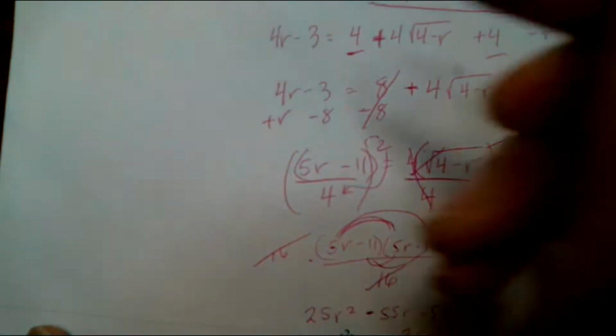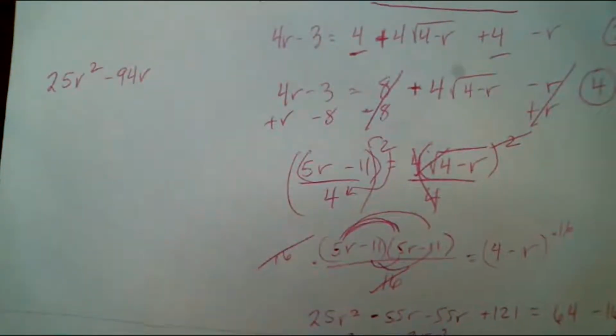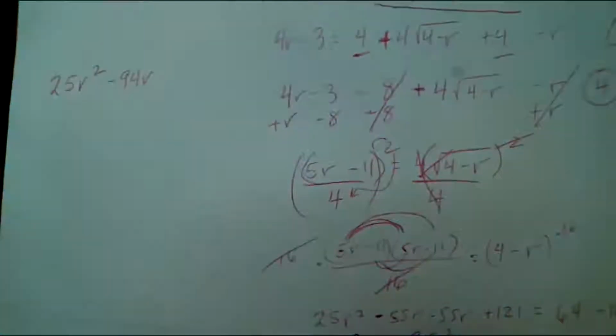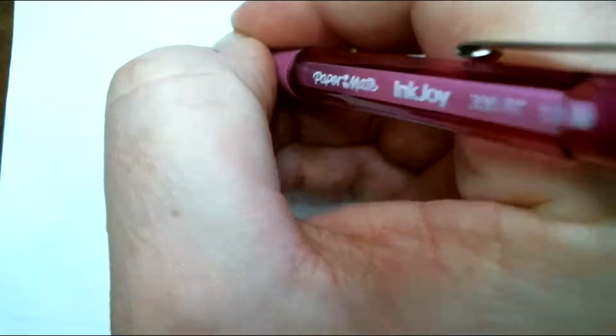So then that takes us to this: 25r squared, negative 110 plus 16 is negative 94r, and then 121 minus 64 is 57. And of course, all that's equal to 0.